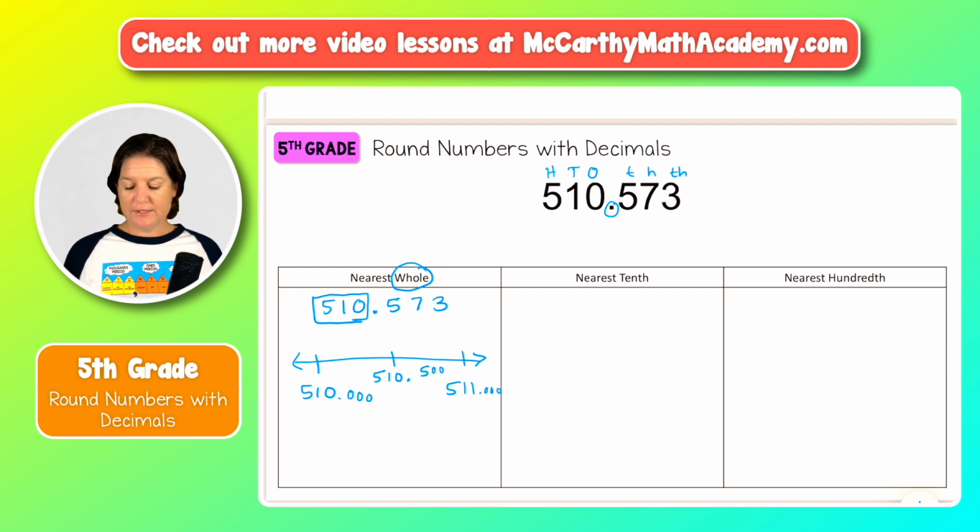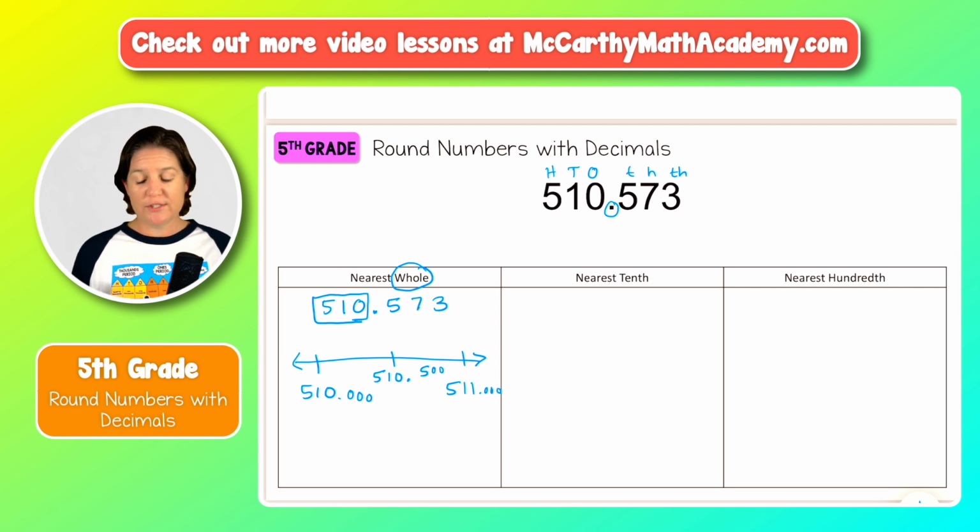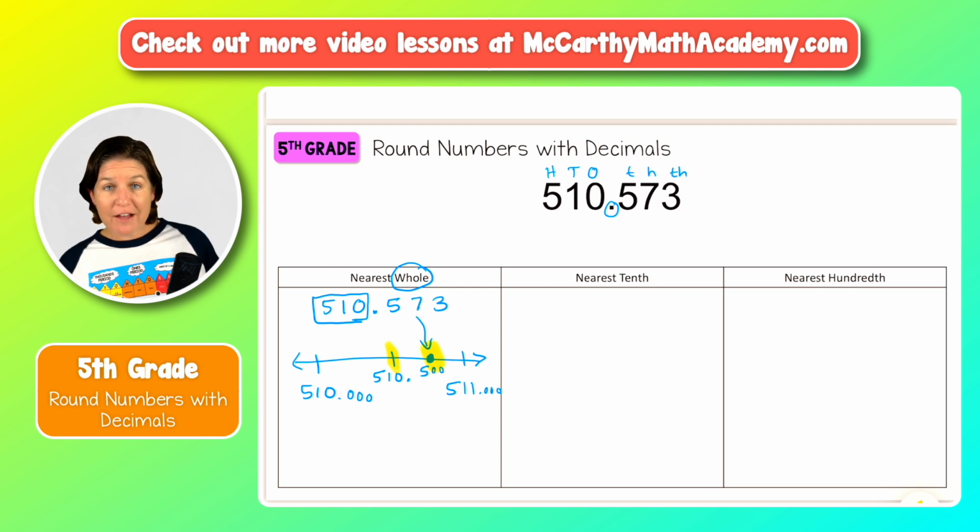That helps us a little bit to understand where our number is going to go if we were to plot the number. So the number that we were given, 510 and 573 thousandths, would be just after, well, about halfway after the halfway point. So if we were to plot it, it would be right here. This is our halfway point. Our plotted point, our given number, comes after.